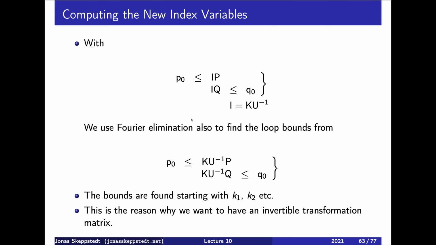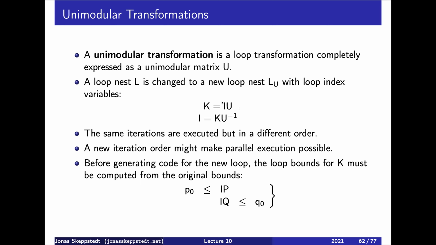So why do we want to compute the inverse? We have this from the beginning. This is the original loop, and with the new loop they are connected like this.